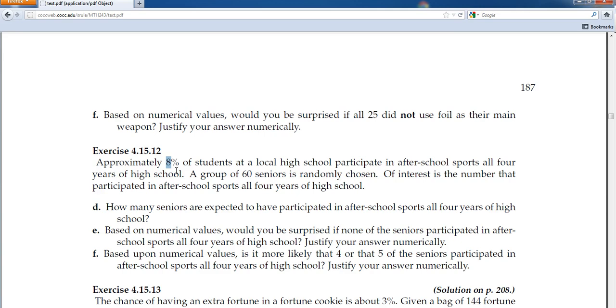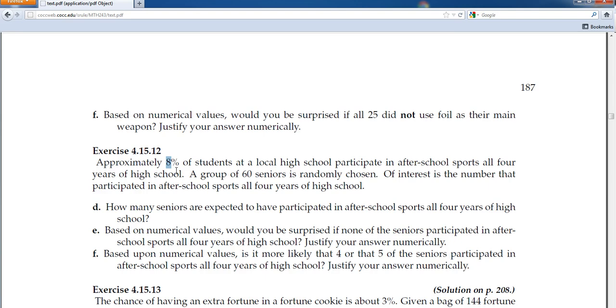Well, if you're taking 60 out of that class, you've got a bit of an issue because once you've taken 30 of them out, you've removed 30% of the population. Removing 30% of the population is a bit of an issue because now the 8% might not necessarily maintain.